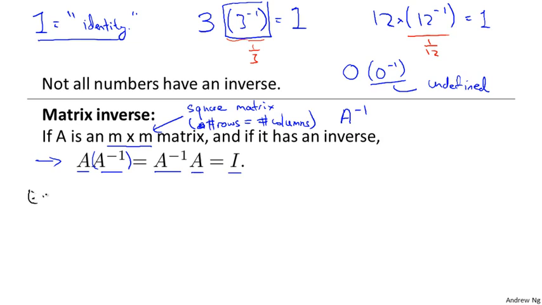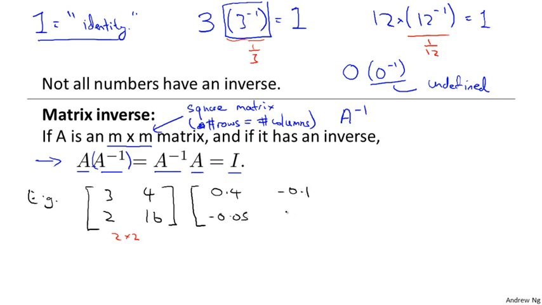Let's say I have the matrix 3, 4, 2, 16. This is a 2 by 2 matrix, so it's a square matrix, and so this matrix could have an inverse. It turns out that I happen to know the inverse of this matrix is 0.4, -0.1, -0.05, 0.075.